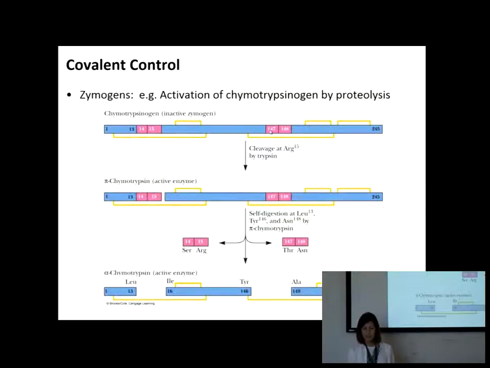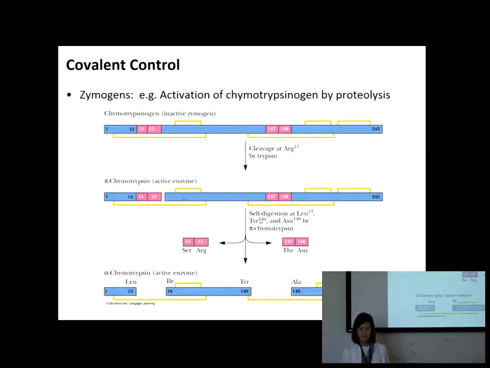So this is our amino acid chain, 245 amino acids in chymotrypsinogen, and trypsin cleaves at a certain spot. These yellow things are disulfide bonds. So it cleaves after this arginine that's at 15. So it's cleaved, but it's still attached. It's not like we're getting rid of part of it. It's still attached by disulfide bond, but it's a different unit.